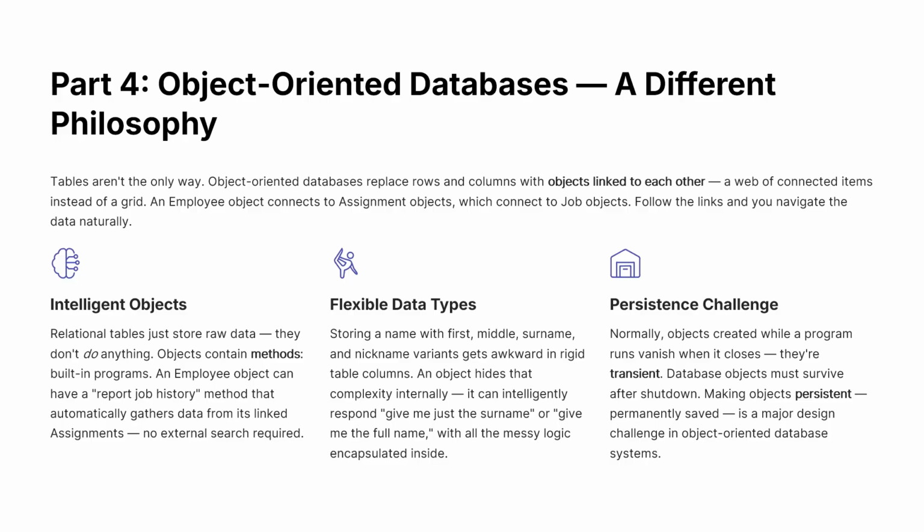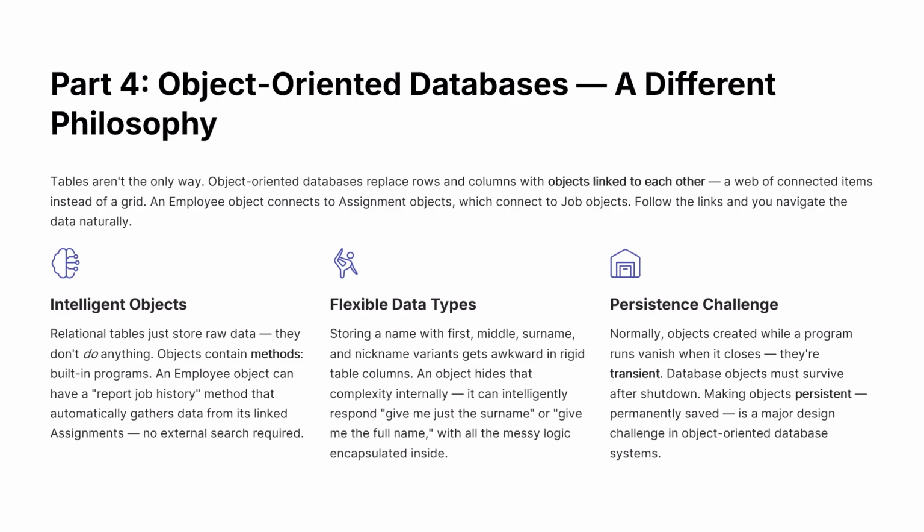A relational table just stores raw data. It doesn't do anything. But an object can contain methods, little built-in programs. So an employee object could have a method that says, report my job history, and it would automatically know how to gather that info from its linked assignment objects without some external program having to manually search through tables.